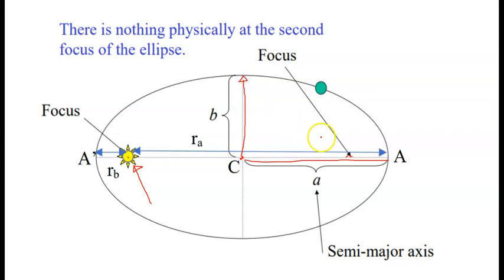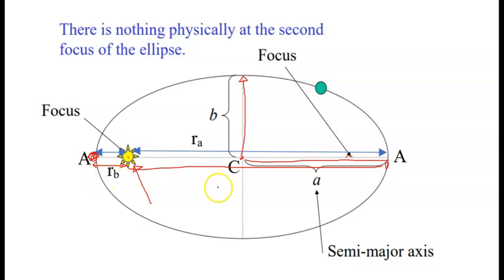For the object located far from the mass at the focal point, this distance we call periapsis, and if the object is located near to this mass, this distance we call apoapsis.